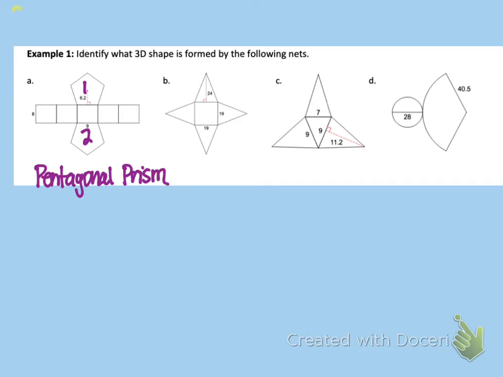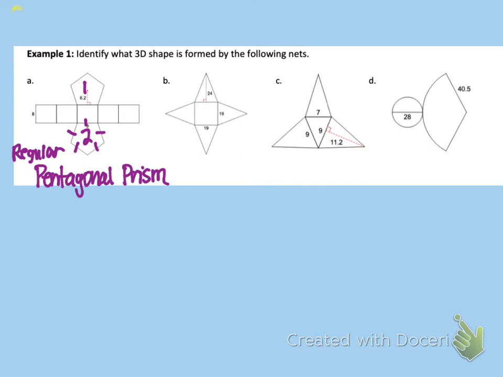I know we might be more specific. If you looked at the base and the sides in the base were all congruent, then we might call it a regular pentagonal prism, which means the base is a regular pentagon, meaning all the sides are equal in the base.